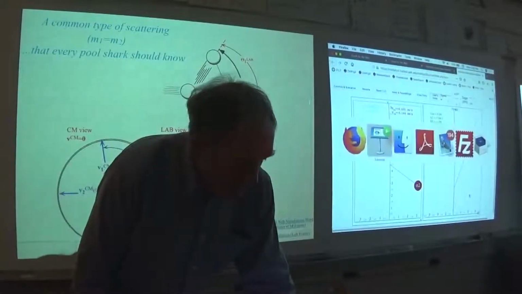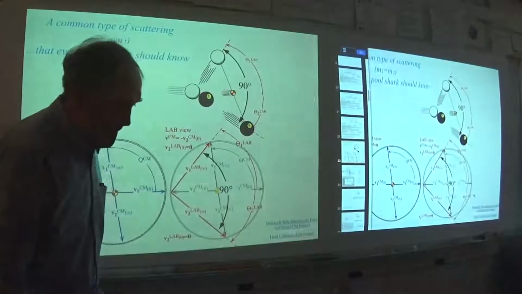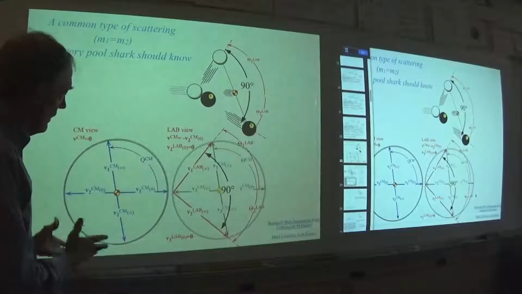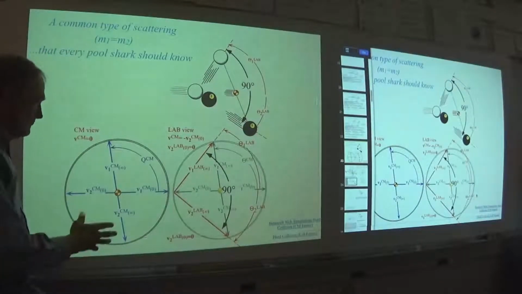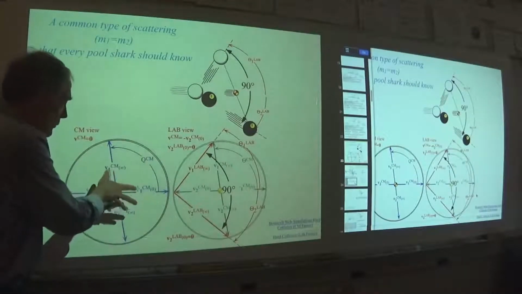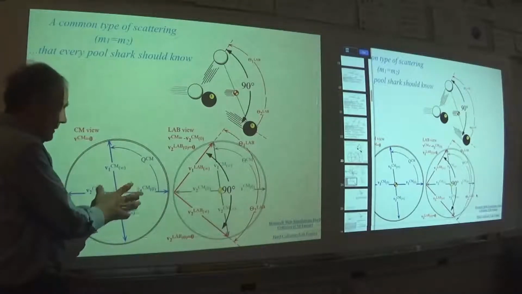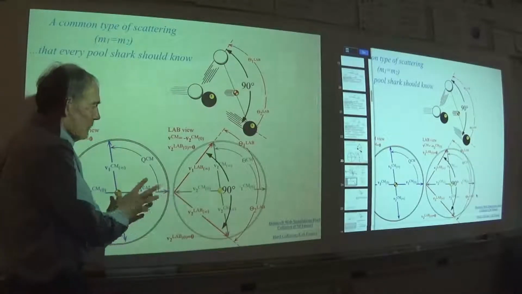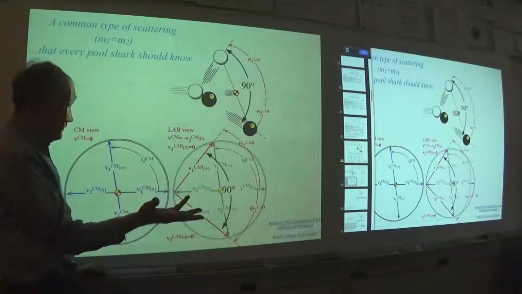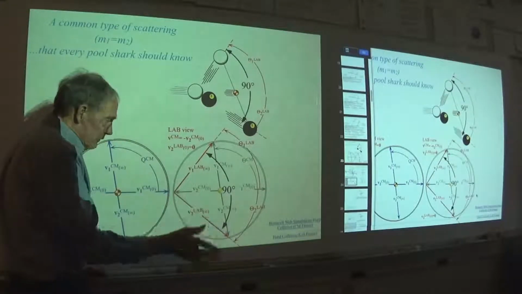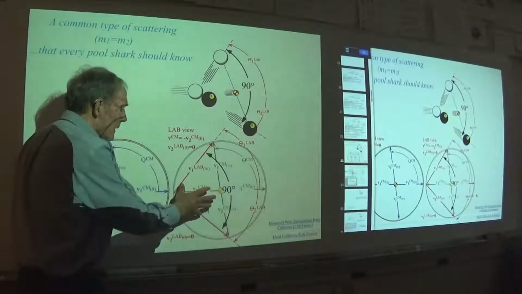Okay, now what we've got to do is make stuff like this happen. We know how to do this with ruler and compass for Rutherford scattering or any sort of Coulomb scattering. We know how to do it for oscillator scattering, but that's another story for another time.